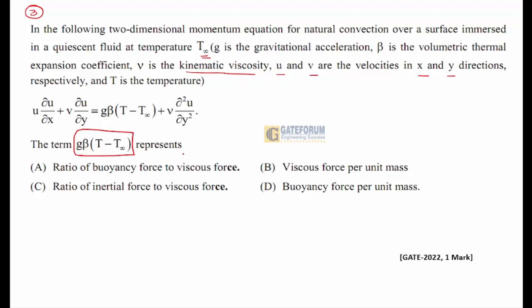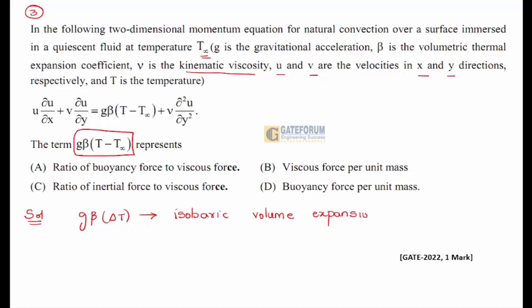per unit mass, ratio of internal inertial force to viscous force, buoyancy force per unit mass. Basically, g beta delta T. Where will we use this? This is isobaric volume expansion, we say.